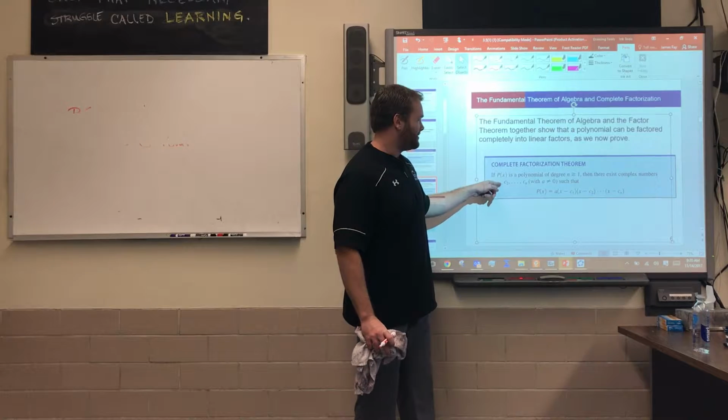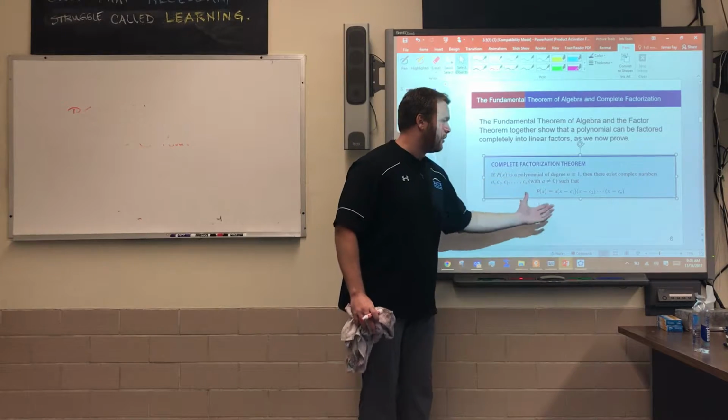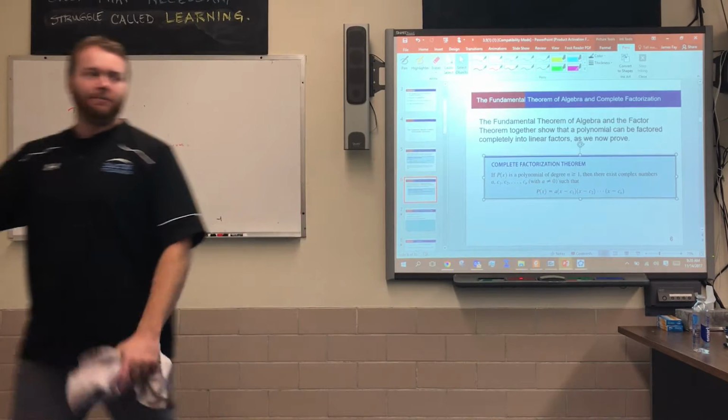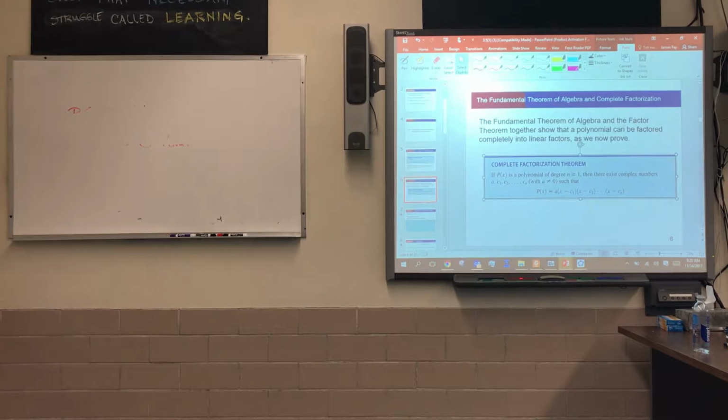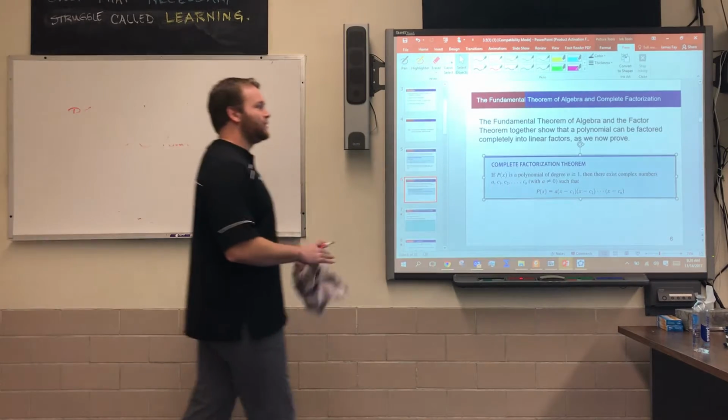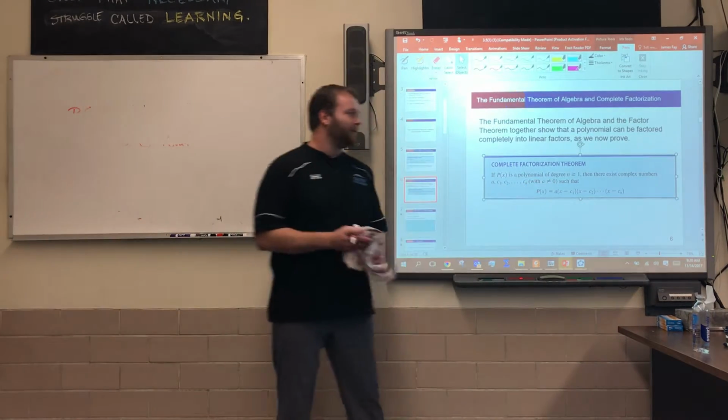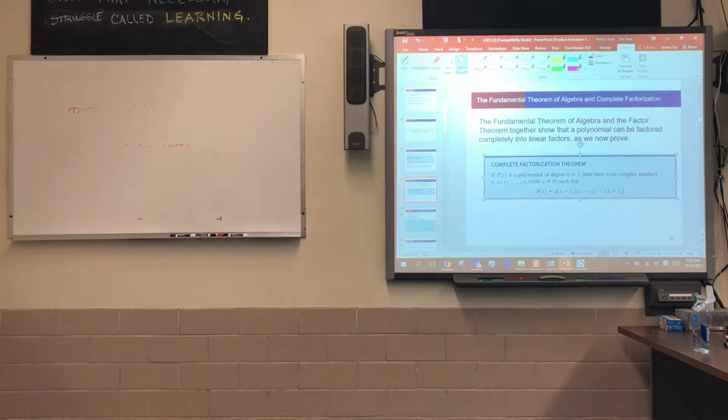The a, the c sub 1, the c sub 2, the c sub n, all those values come from the complex number system, okay? We like those c sub 1s to be like 2 and 3 and negative 5 and 1/2 and stuff like that. We like them to be rational numbers, but they can be x minus 2i or x minus the quantity 3 plus 4i, something like that. But every single polynomial you come across can be broken down to a product of its linear factors.